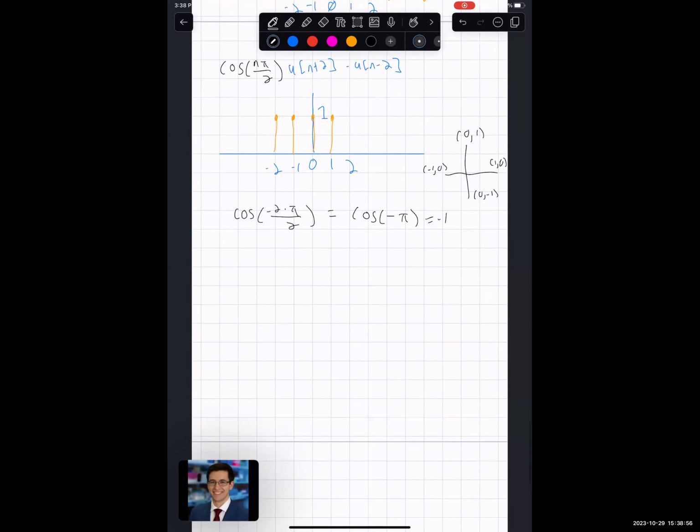Okay, let's do these other values at the speed of light. Cosine of minus pi/2 is going to be 0 from this term here. And then 0 times pi/2 is 0, so cosine is going to be 1 from this term.